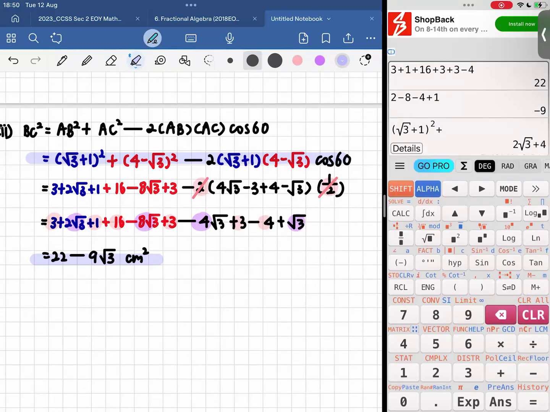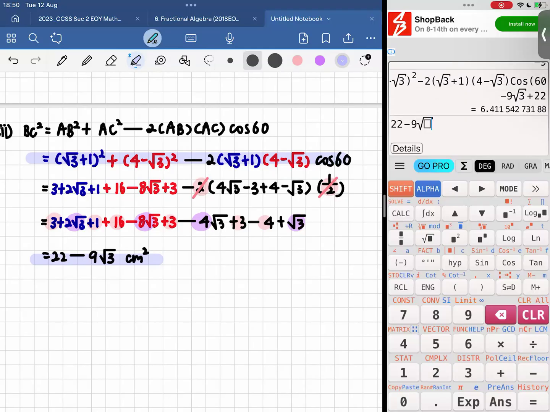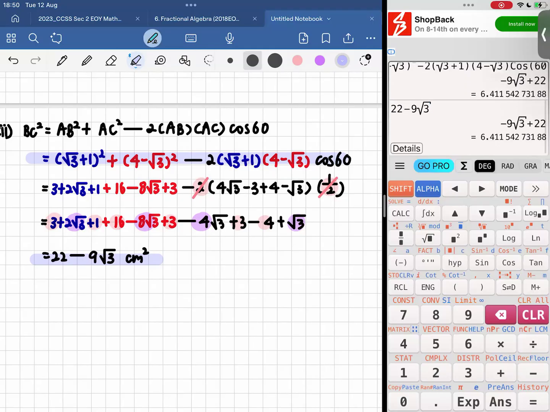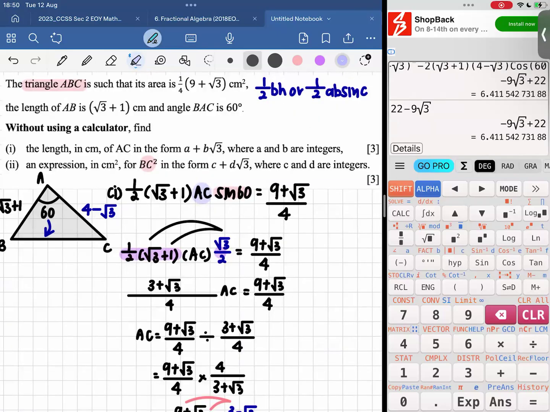Don't press wrong, otherwise in the end you think that you're wrong. 4 minus root 3, whole thing squared, minus 2AB and 4 minus root 3 cosine 60. So I get 6.4115. Then I'll do mine. Yay, so it's correct.